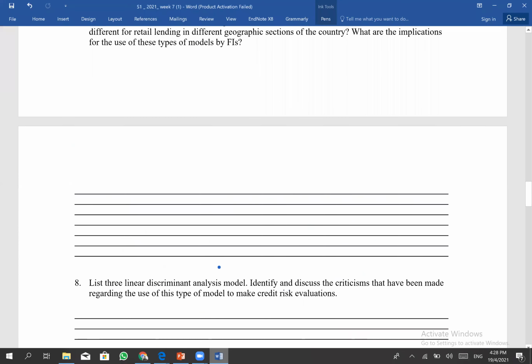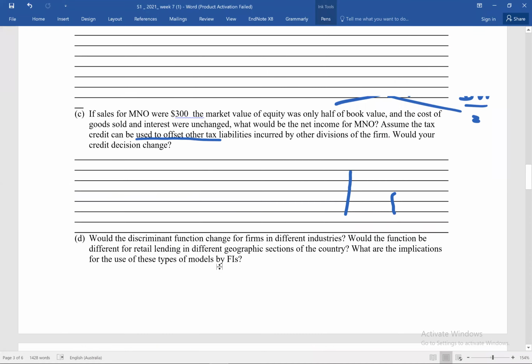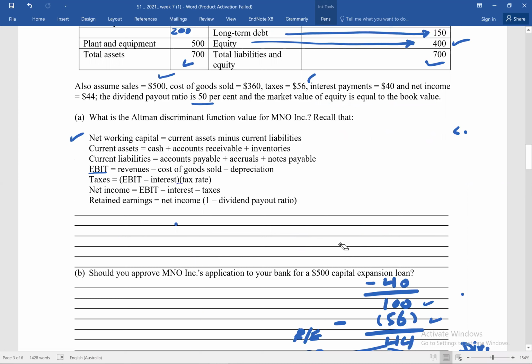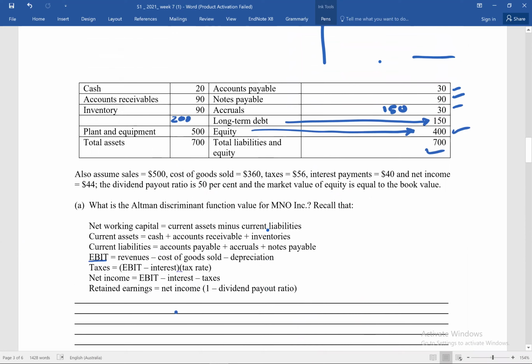So look at the problem we have today. Let me just erase those ones very fast. So the problem we have today, this is the problem.